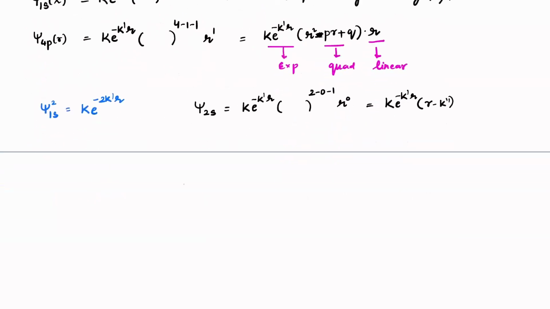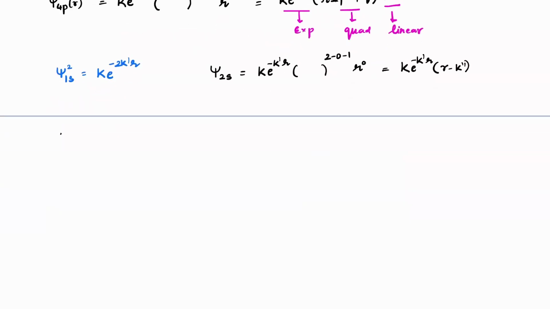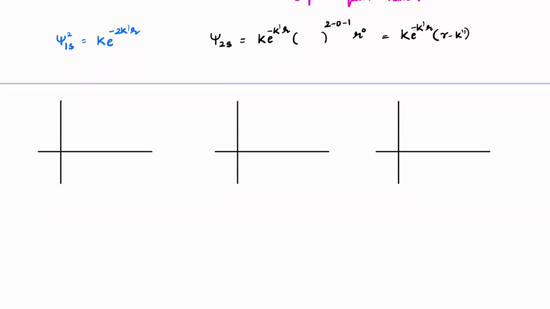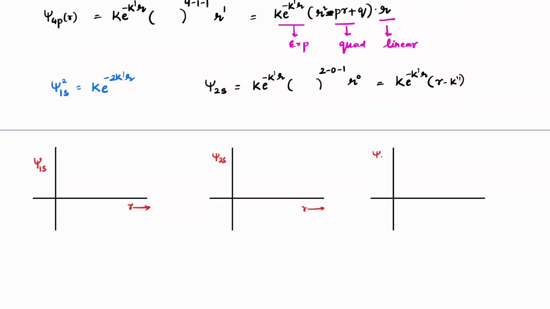This is how. Now imagine if at all I'm plotting this for psi. Okay, and I'll just copy this part. So I'm plotting this for psi of 1s with respect to r, psi of 2s with respect to r, and psi of which one I derived here, 4p, 4p with respect to r.